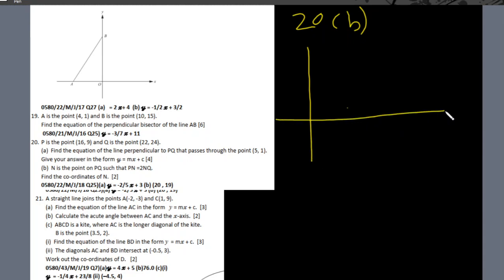Okay. Now 20 part B, which is: N is a point on PQ. Let me roughly plot PQ. We have 16 and 9 here, and then we have 22 and 24 here.